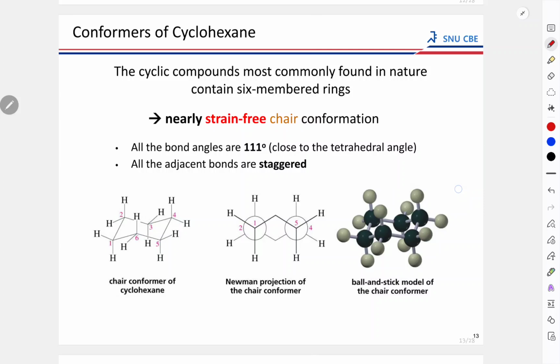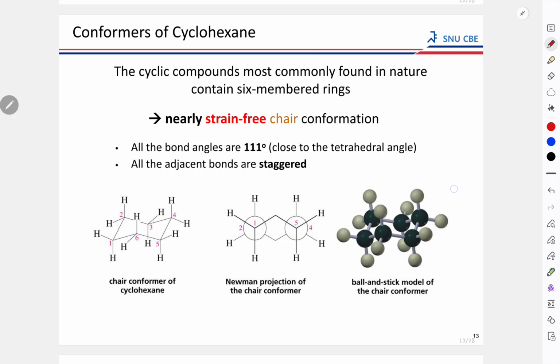So this is the chair conformer of cyclohexane. With this conformational state, all the bond angles are nearly the tetrahedral angle, 111 degrees, close to 109.5. All the adjacent bonds are basically staggered.